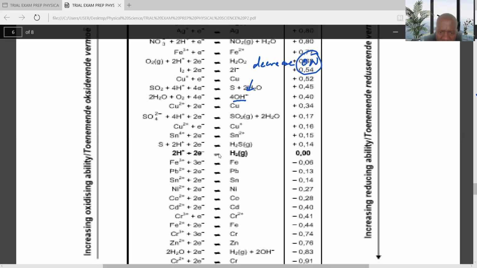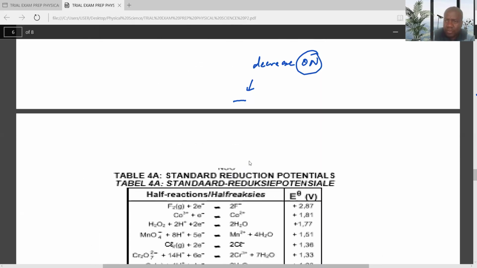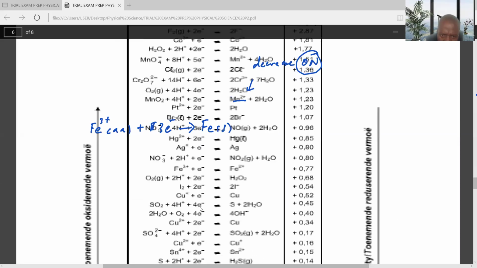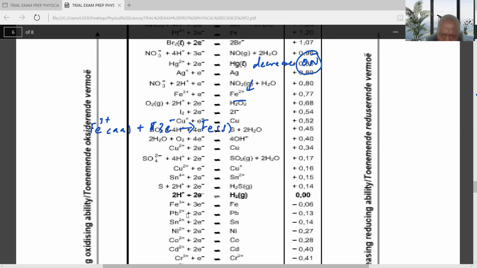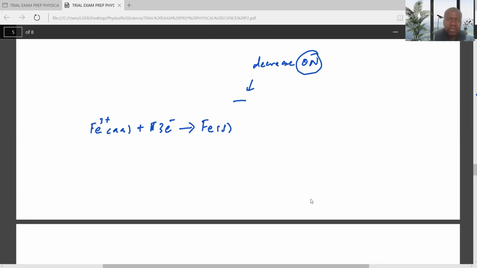Just for example, Fe3+ gains 3 electrons, then gives us Fe. Let me check its E volts. The E volts of Fe3+ with Fe is negative 0.88.